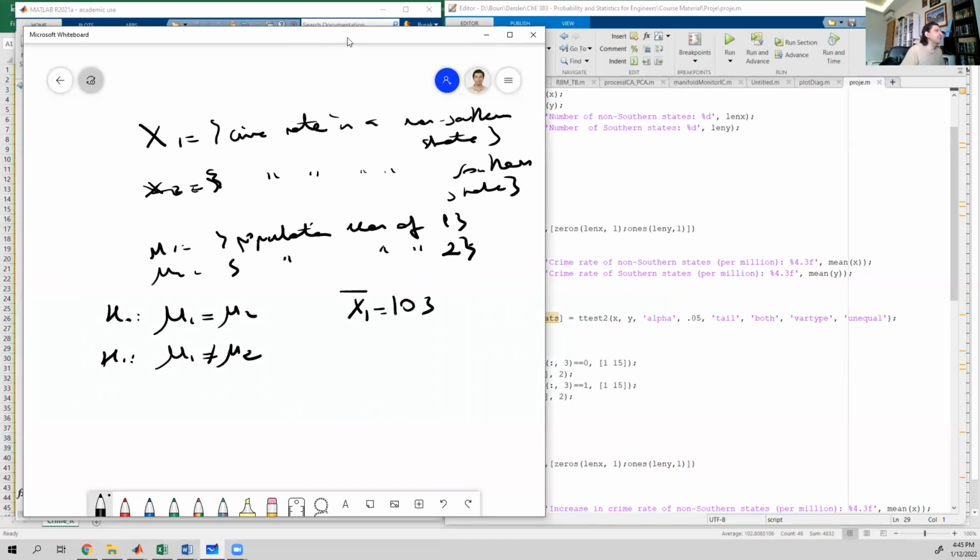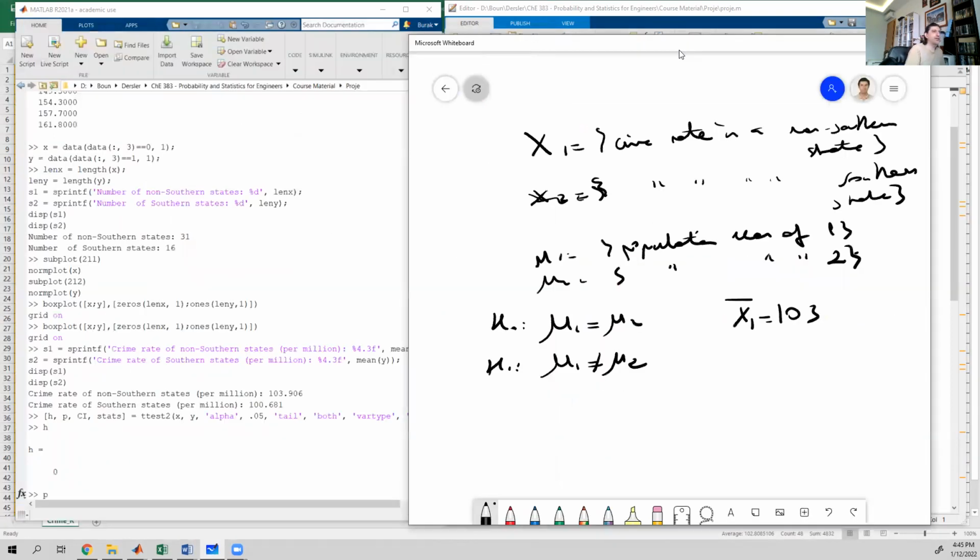Let's see what the value was. Now 104, about 104, and X2 is equal to 100.6 or 7. Let me also write it with one digit after the decimal point.